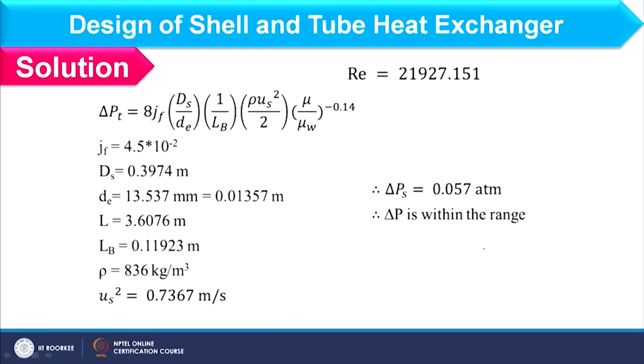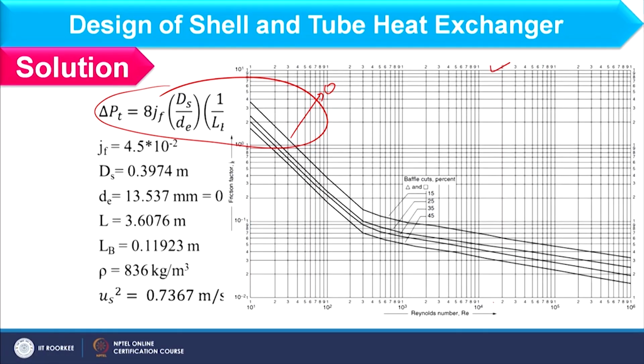Next we will consider the pressure drop in shell side. For that you have to use this expression, neglecting viscosity correction factor, and for this Reynolds number which we have already calculated, 2.2 somewhere here, and this is 25 baffle cut.